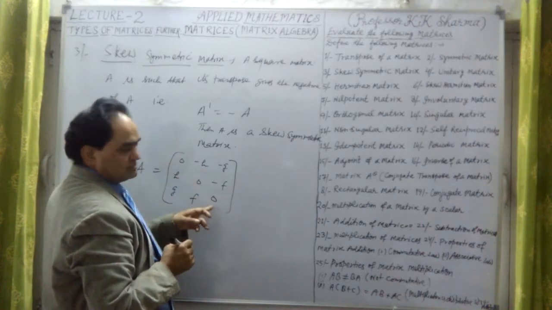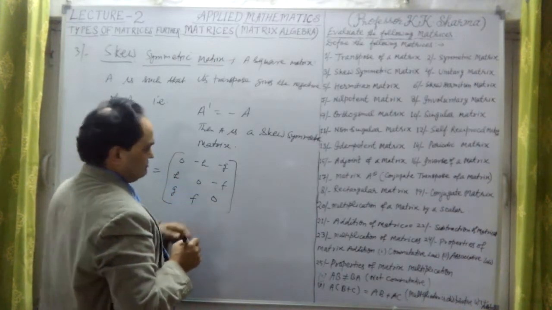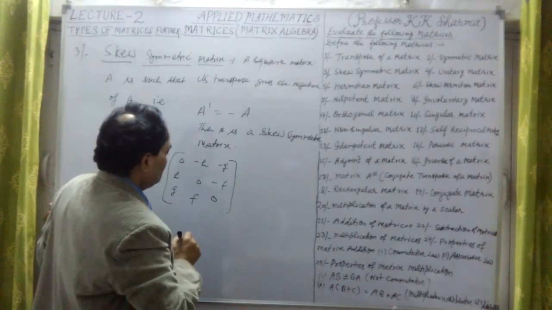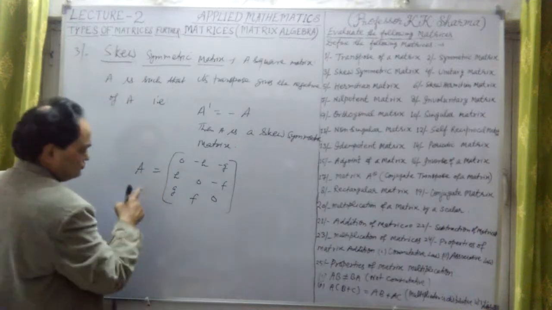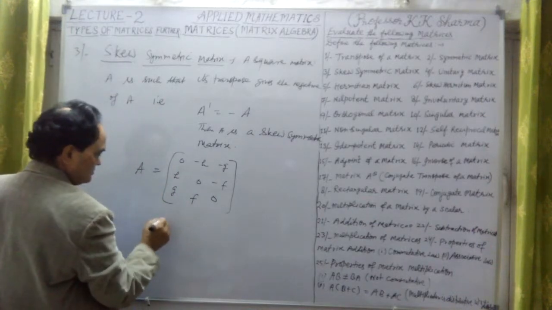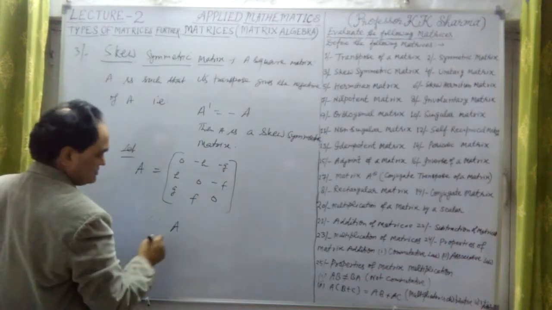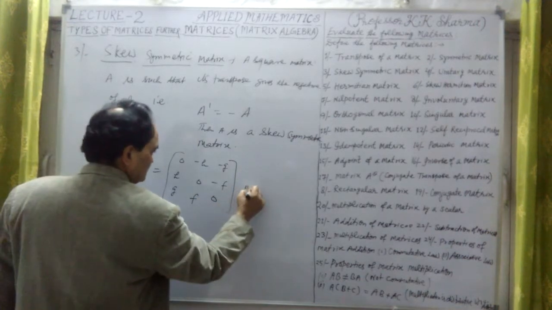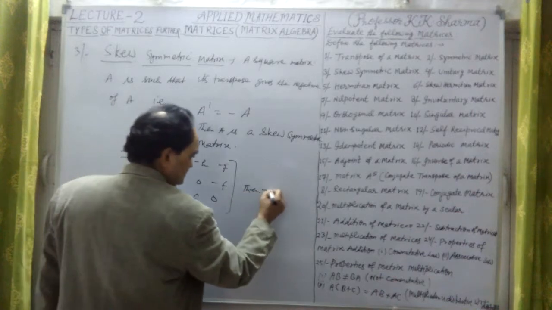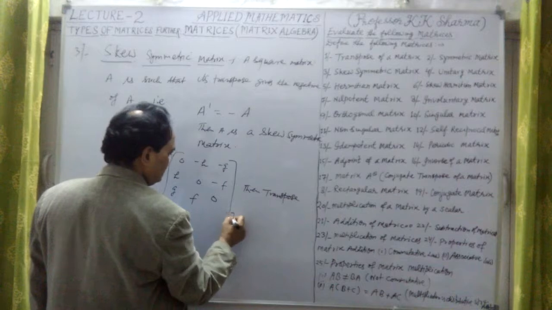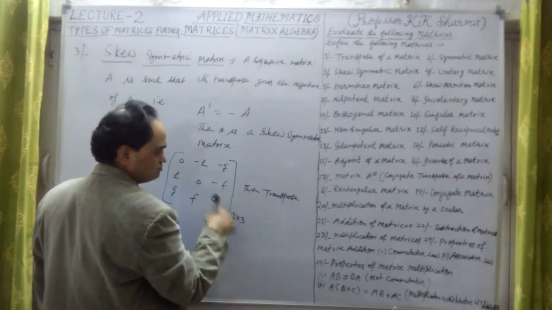We have taken the main diagonal, or principal diagonal, elements as 0, 0, 0. This is a 3 by 3 square matrix.